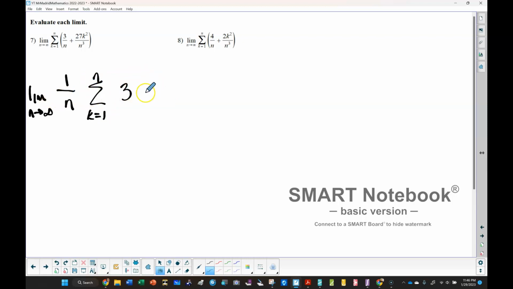Plus, let's go ahead and factor out as much as we can here. 27n cubed will repeat on each iteration, with k squared.